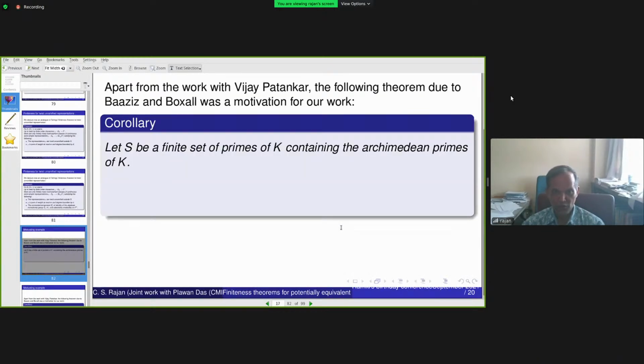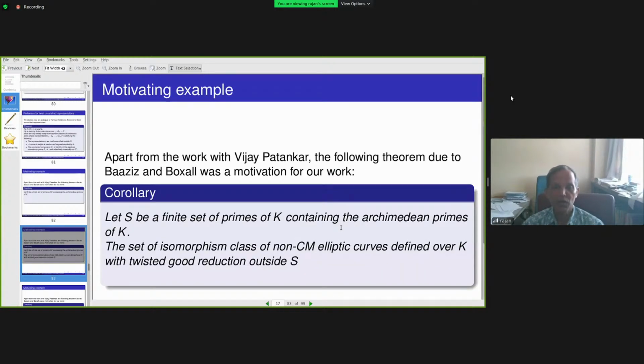We have fixed a finite set S containing the Archimedean primes of K. Then what Bas Edixhoven and Boxall did was to say that the set of isomorphism classes of non-CM elliptic curves defined over K with twisted good reduction outside S is finite up to twist.